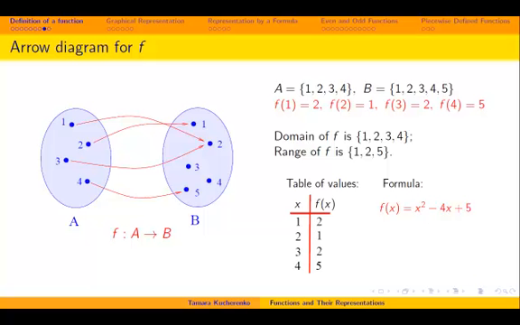If we plug in 1 for x into this formula, we get that f of 1 equals 1 squared minus 4 times 1 plus 5, which is 2. f of 2 equals 2 squared minus 4 times 2 plus 5, which is 1, and so on.